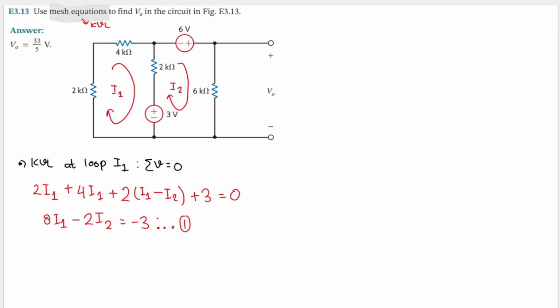Good. Now let's do another KVL, but this time at loop I2. Okay, maybe let's put some line here. Let's do KVL at I2. KVL says that the sum of the current that goes in is equal, no, that is KCL.